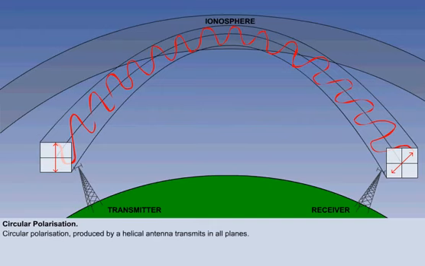So, circular polarization is useful where a transmission in a single plane, for example the horizontal plane only, may be rotated or twisted in space. This is called Faraday rotation. It occurs as the signal passes through magnetic fields in the ionosphere, which bend the wave and thereby reduce the effectiveness of the transmission.